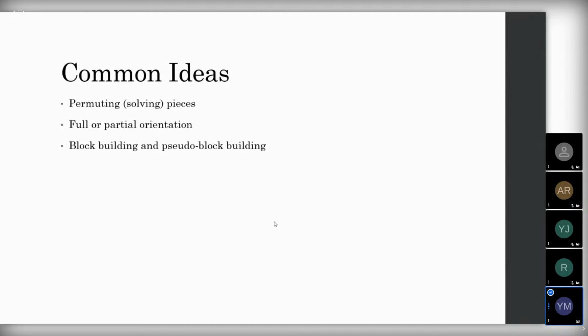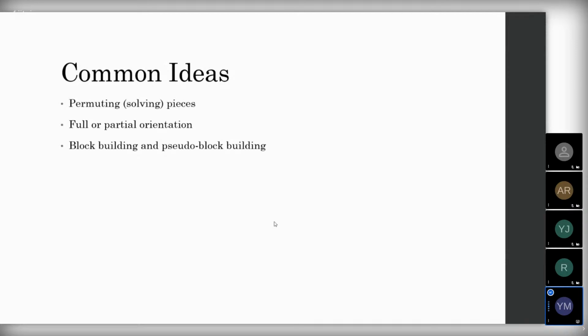Then there are ideas like block building and pseudo block building. In some sense, it is the same as solving pieces, but in block building, what you do is you usually do it in the beginning of the solve, and you solve multiple pieces at a time instead of going piece by piece. So F2L would be a small example of block building. Better examples are the Petrus 2 by 2 by 2 block, or the Roux 1 by 2 by 3 block.